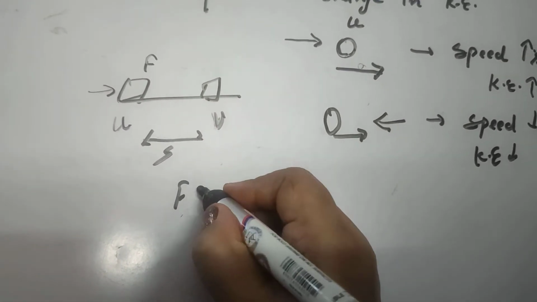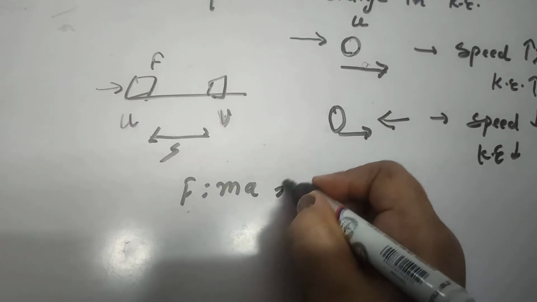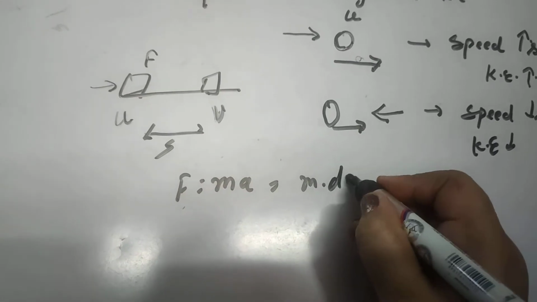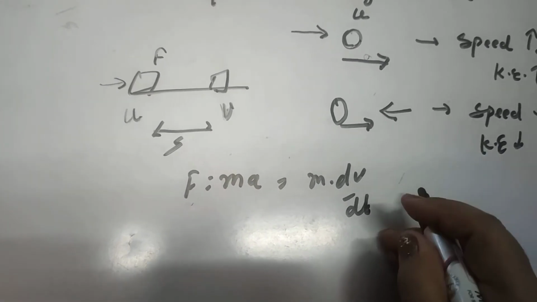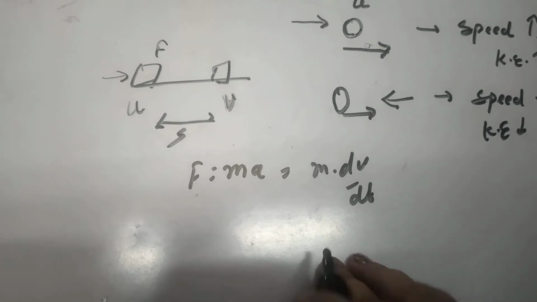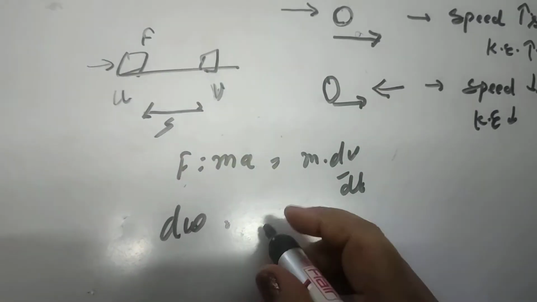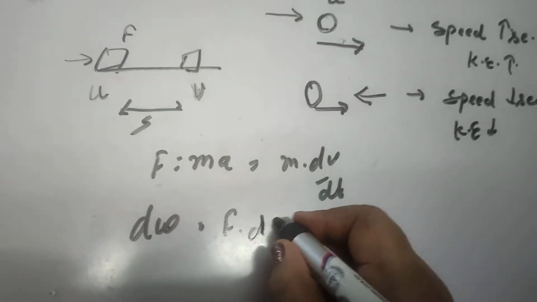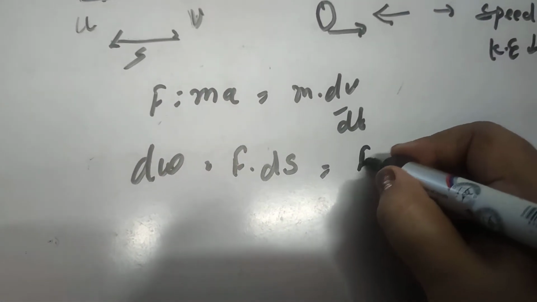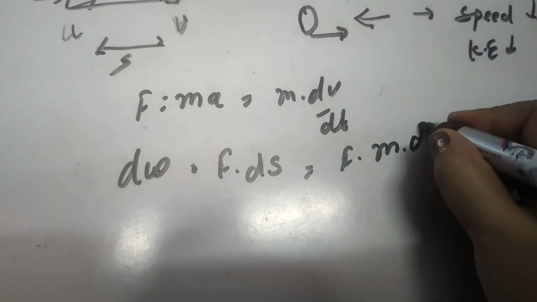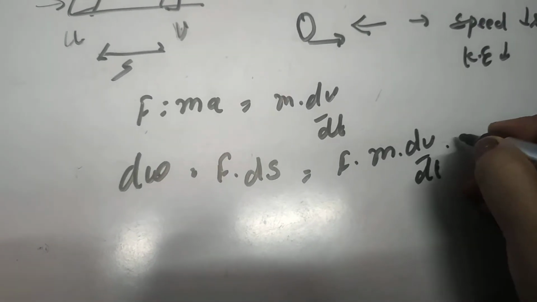So the force is given by m into a, and a can be written as dv by dt, which is the change in velocity with respect to time. Now the small amount of work done in displacing the body through a small displacement is F into ds. So F is m dv by dt, into ds.